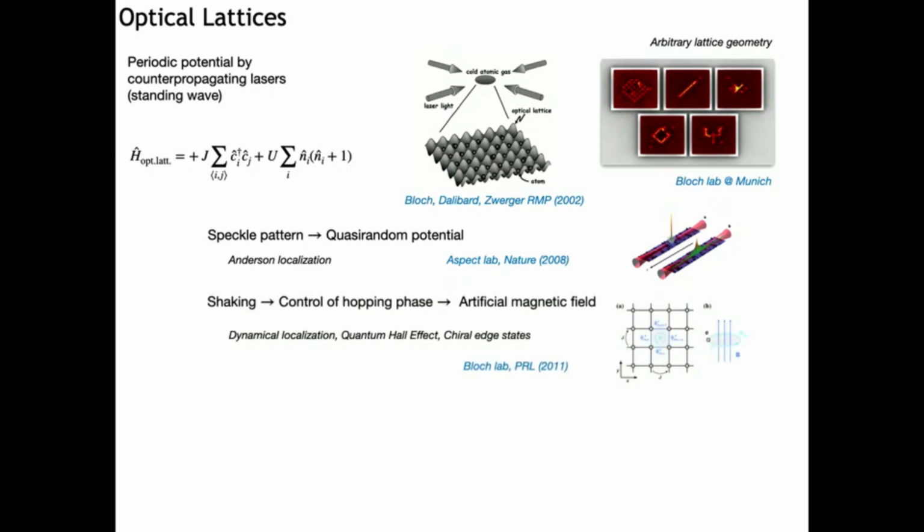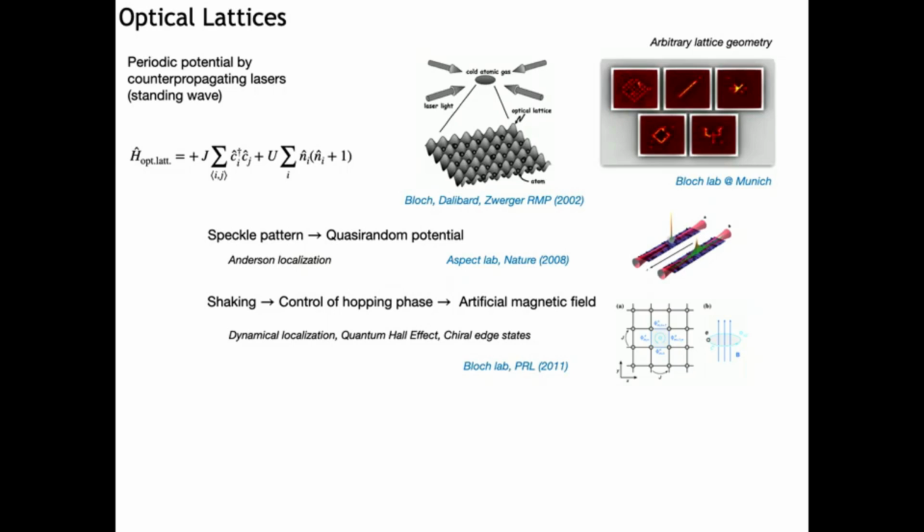Another trick that people invented is associated with the fact that you can shake the lattice periodically. Because of this periodic shaking of the lattice, essentially you can engineer effectively the phase of the hopping. So the hopping acquires a complex phase, which is associated with this effective shaking of the lattice. And this amounts to having an artificial magnetic field.